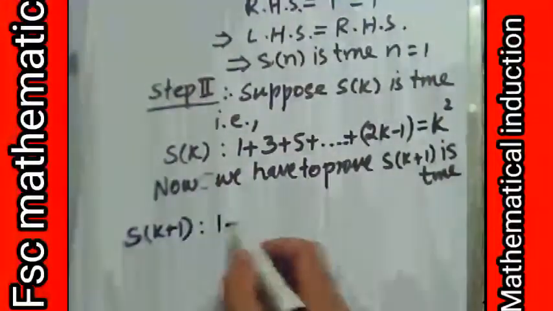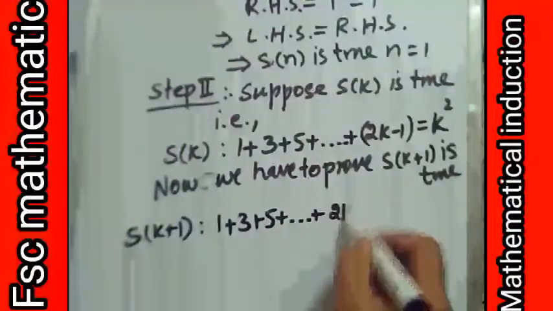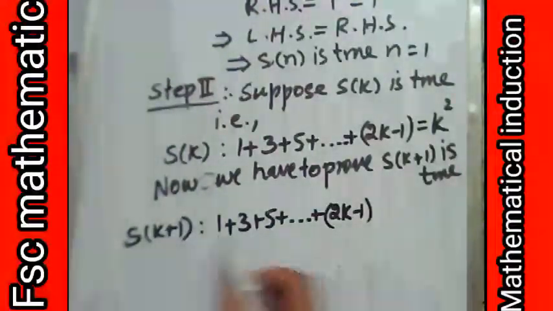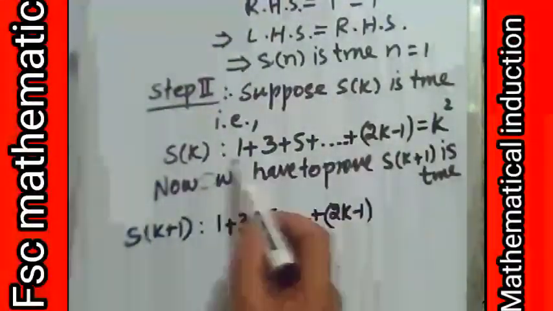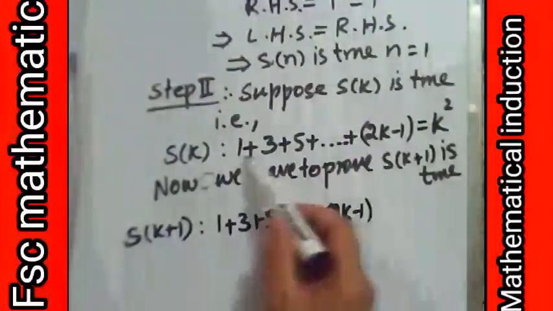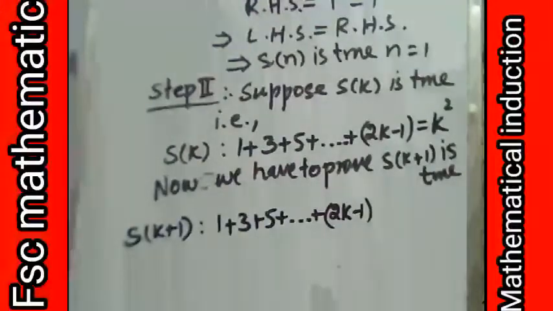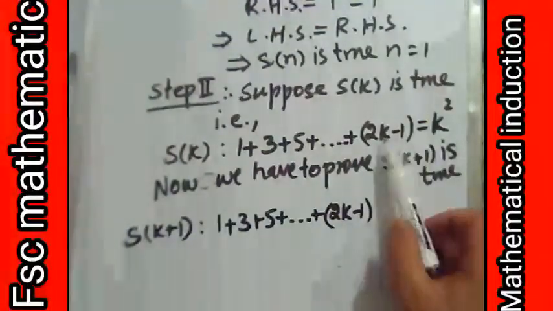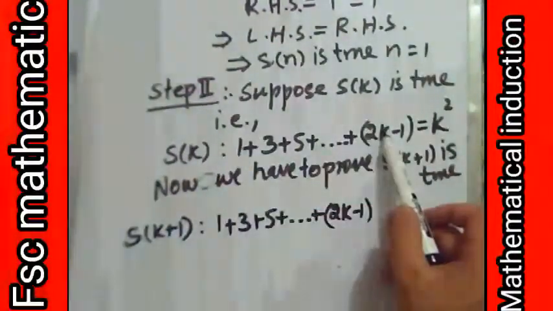S of k plus 1. This is 1, 3, 5, so on, 2k minus 1. How many values are these? As we know, these are the same values written in the previous statement and this statement again. These are k values. Now we move to k plus 1 values. If we substitute 1 for k, we get the first value, 1.